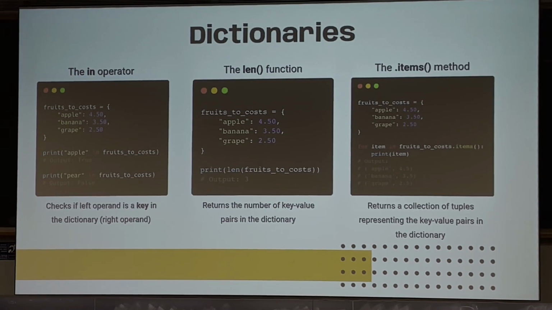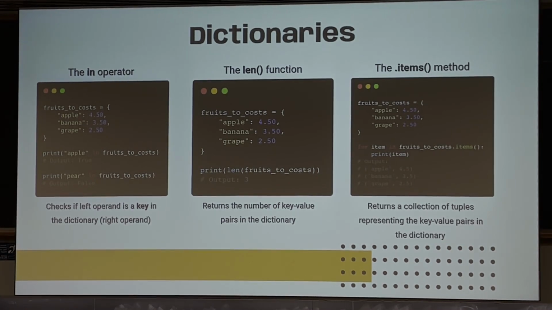It's very straightforward, very high level, like English, so straight away you understand what's happening. In this case, we have a dictionary that contains the fruits and also the costs as the values. You just mention the key, and if you have a key in our dictionary, then that will output true. So these give you a boolean output.